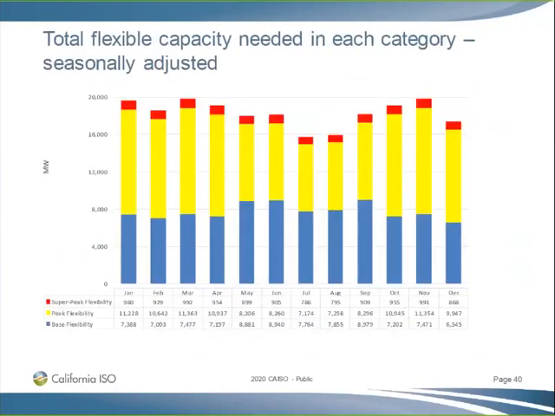Next slide. So this is off. We have the red bar. Remember the red bar at the very beginning on slide 35. So we are doing this definition of the base category, peak category, and the super peak. Super peak is the red, the top 5%.